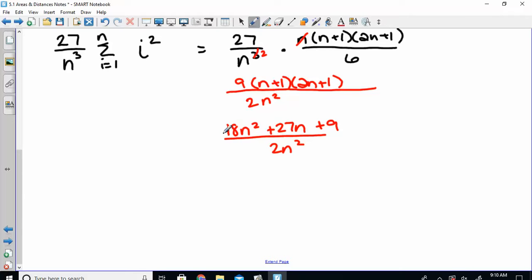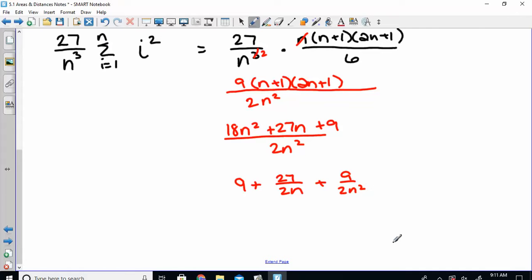And we could even split this up and do each one over the denominator. So 18n squared over 2n squared is 9. 27n over 2n squared would be 27 over 2n. And 9 over 2n squared.